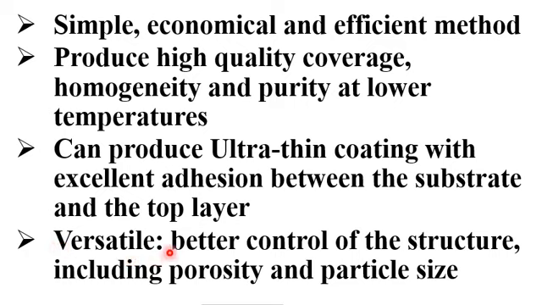The versatility of the sol gel process also includes the control of the structure, and this process also controls the porosity and the particle size. The porosity is also a drawback of the sol gel process. When we coat wet sol gel onto the surface of the substrate, and with annealing and sintering, there is a possibility of porosity.